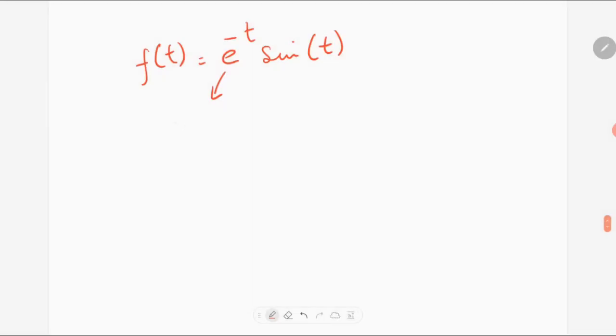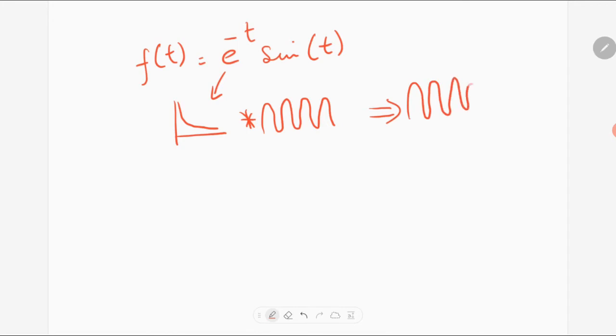And one last signal that I want to discuss, it's also very interesting. This would be something like this, and this will be multiplied by some sine signal, right? So we can see that this sine signal will eventually decay out like this.